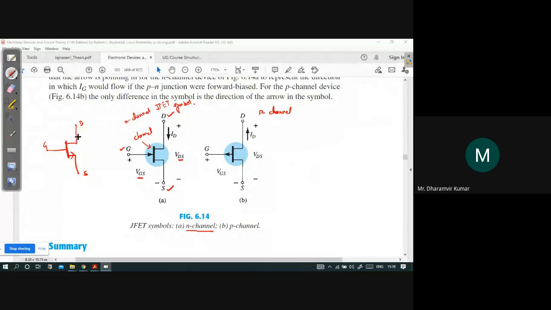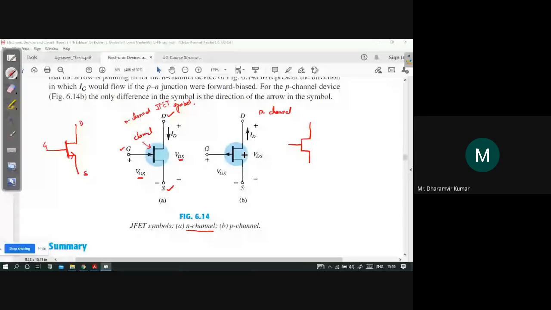Similarly, for a P channel JFET, the symbol would look like this. The arrow was coming out at the gate terminal. Now at the source, in the same direction, we can draw the arrow like this on the source terminal.